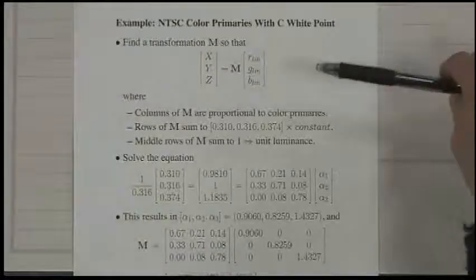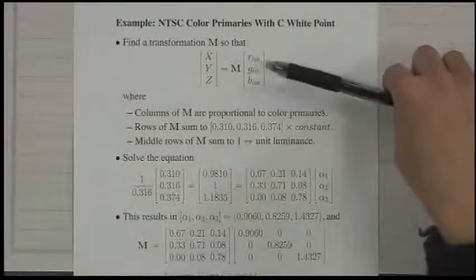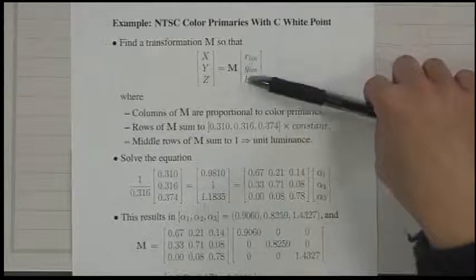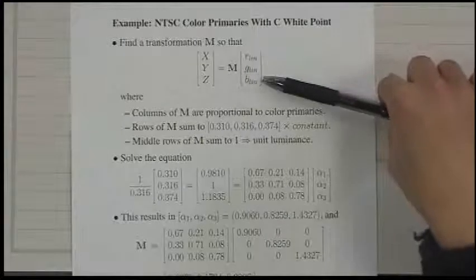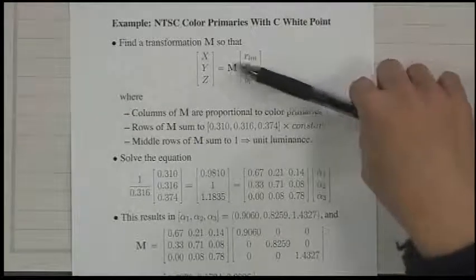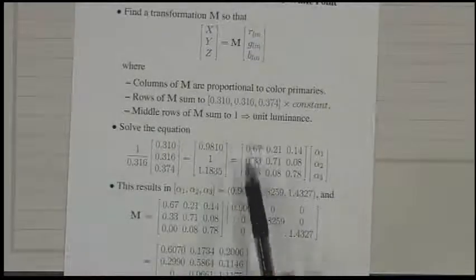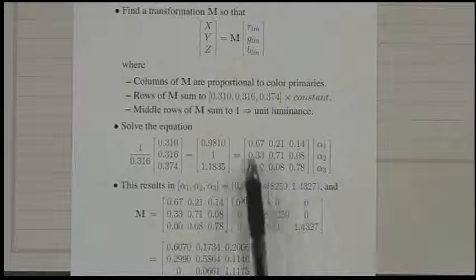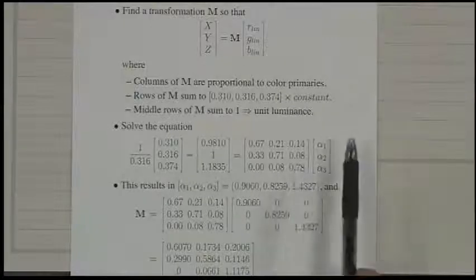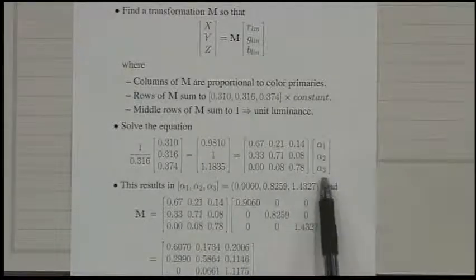Now, if we put the RGB value equal to 1, 1, and 1, then again the right-hand side will be equal to this form, the matrix given by the chromaticity of the color primary times the vector alpha 1, alpha 2, alpha 3.